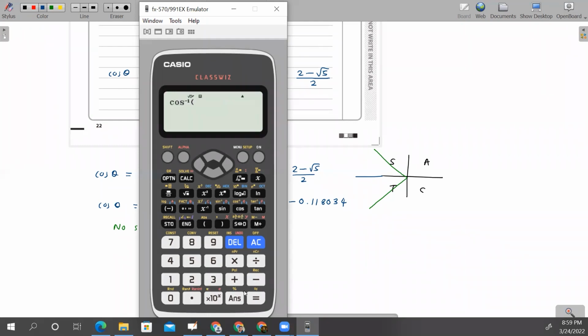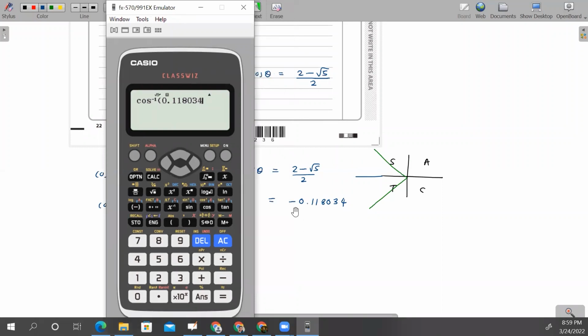Cos inverse of 0.118034, without the minus, because the minus mark is only used to identify the quadrant. So cos inverse 0.118034 is 1.45248. They want the answer to 3 significant figures, so we'll take it as 1.45.